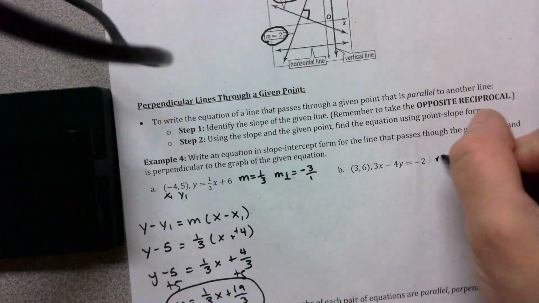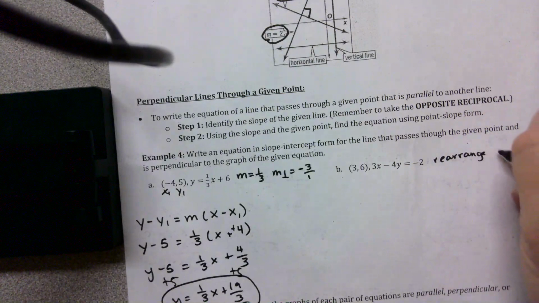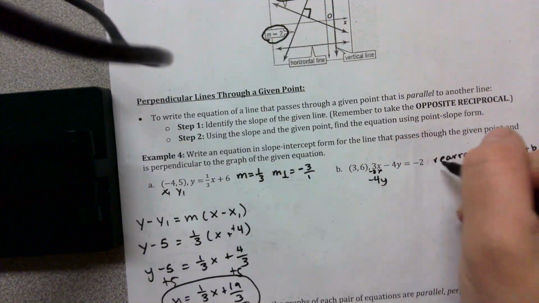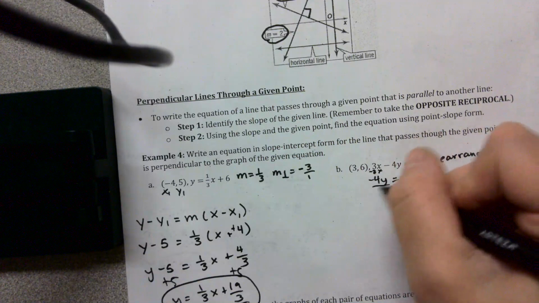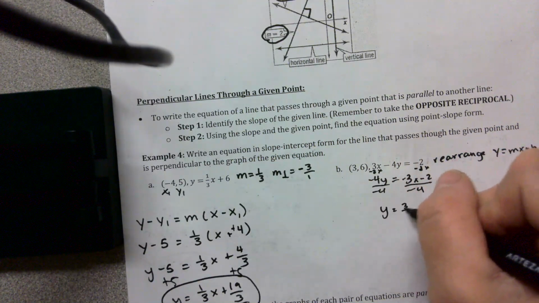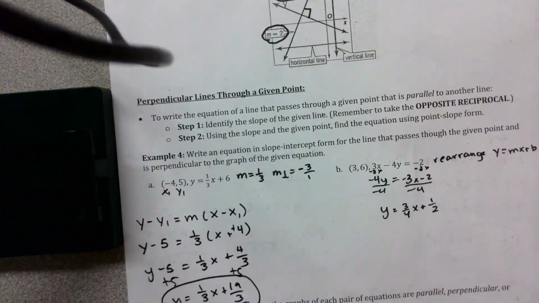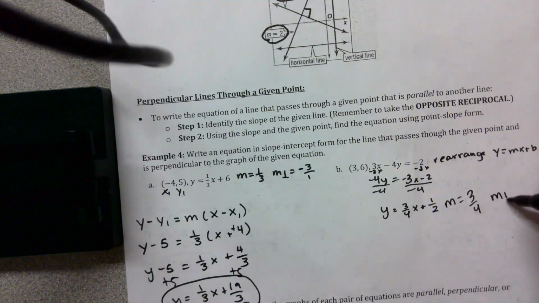You would just add this in the calculator. Here we need to rearrange into y equals mx plus b. So subtract 3x. Divide by negative 4. Y equals 3/4 x plus 1/2. So m is 3/4. So a perpendicular one is negative 4/3.